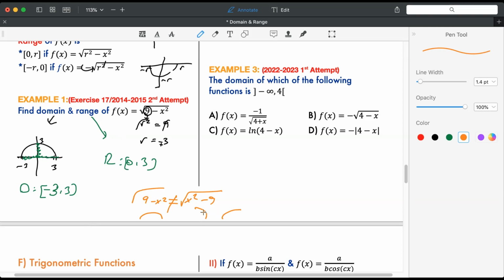For the other type, you just need to make a sign chart. For the domain here, it's not between those two numbers. Between those two, there is no graph. It's from negative infinity to the smaller one, union, the bigger one to positive infinity.